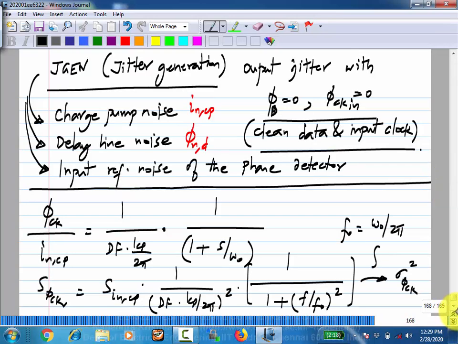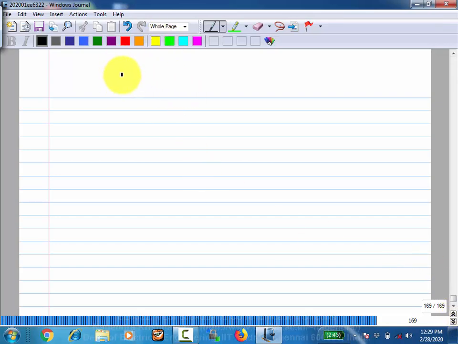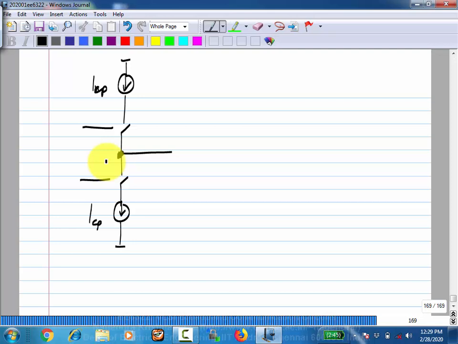Now, what will be the noise of the charge pump? Let's just quickly look at it. So, you have two current sources controlled by switches. Now, the way this will be implemented is the upper one will be a PMOS current source, and you will have a switch which is also a PMOS transistor like this.